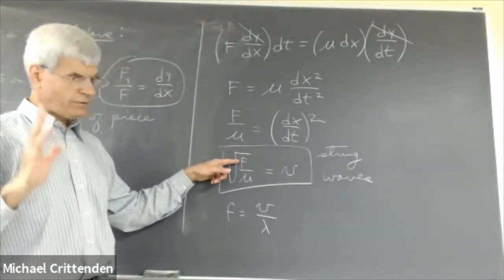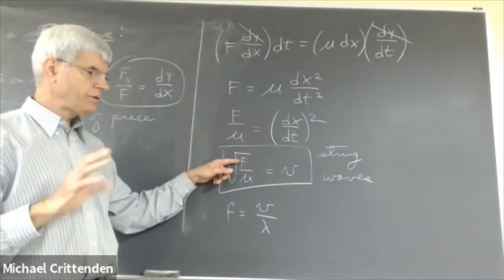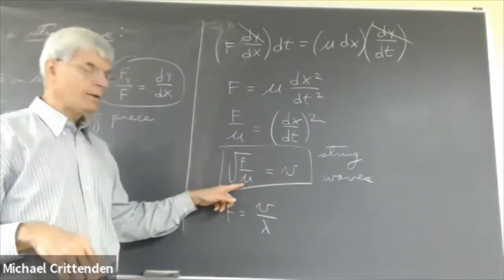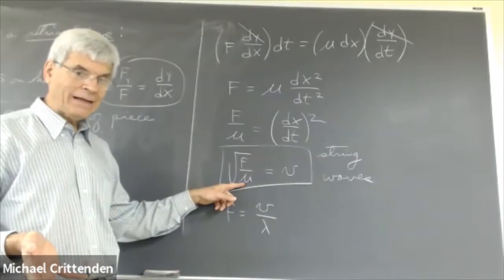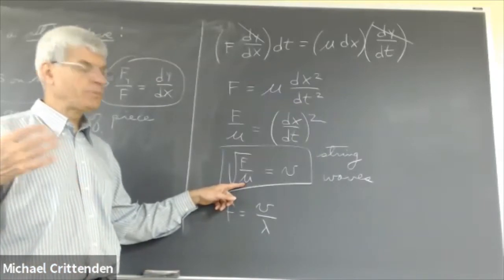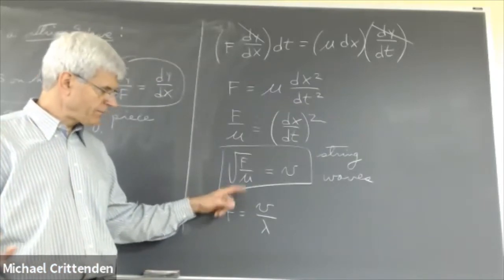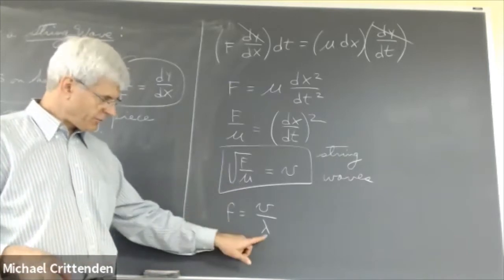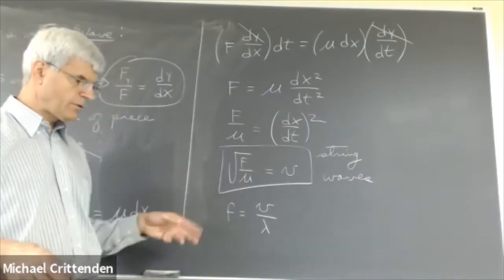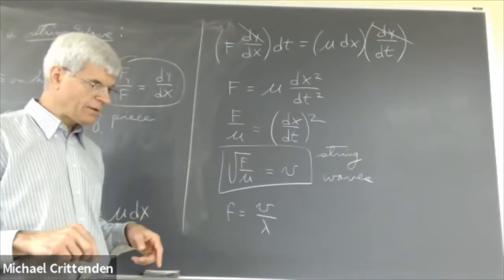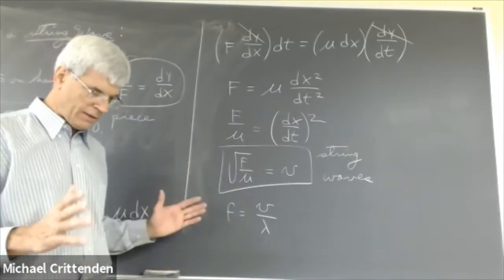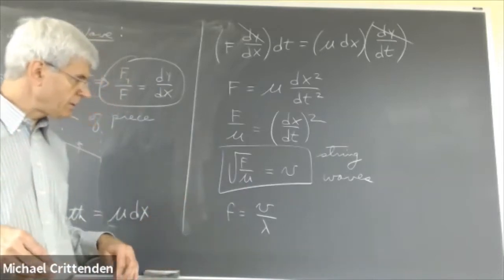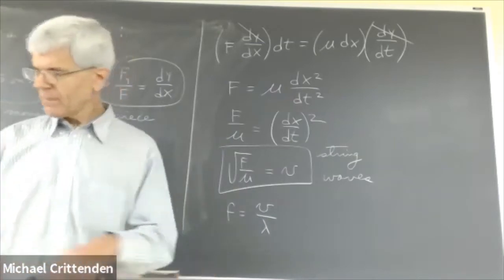Tension is used to tune the thing. The effect of the mass per unit length is used in how the instrument is constructed in the first place. And then the length of the string affects the wavelength. So, you put your finger on the string and that gives you a higher note than when you take your finger off of it.